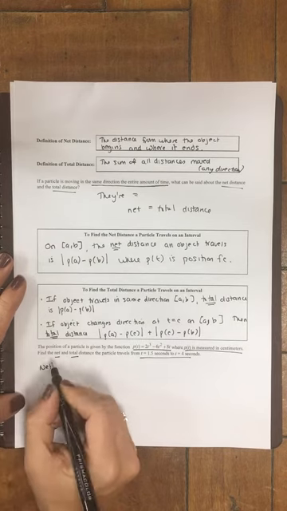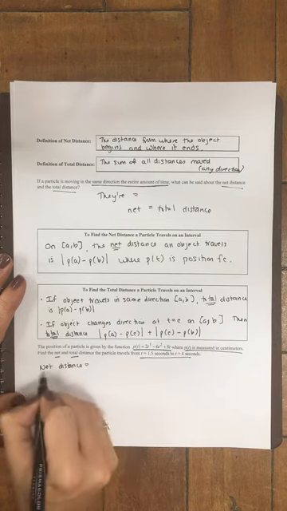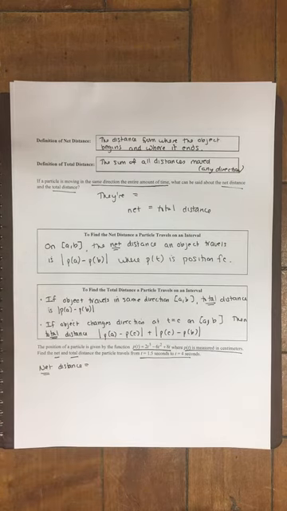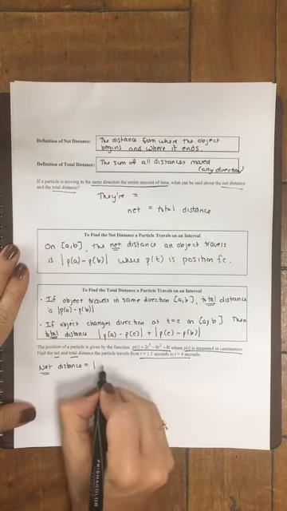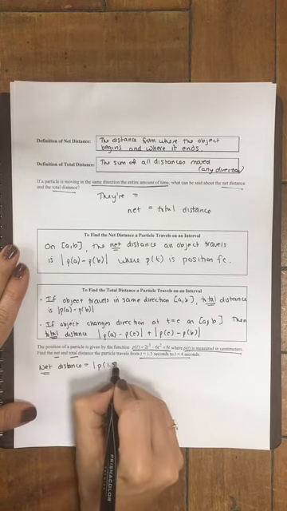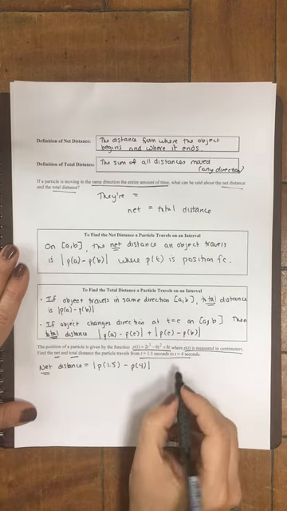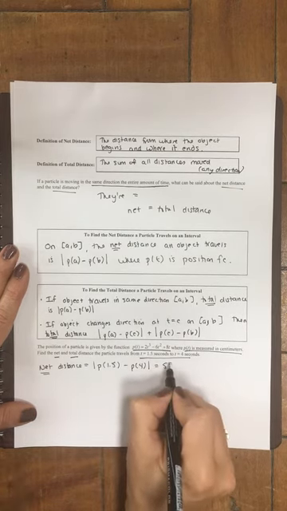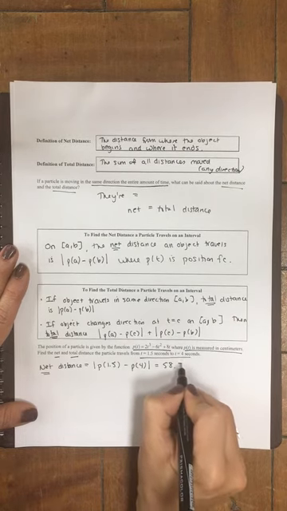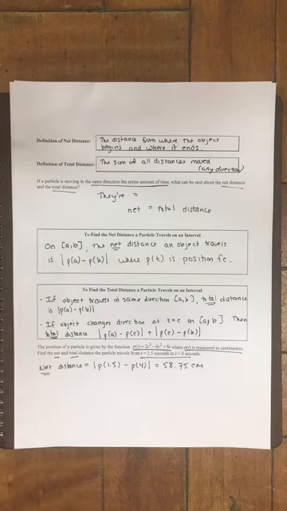So net distance, that's just talking about how far it is from the starting point, is equal to the absolute value of position of 1.5 minus position of 4. This can be all calculator stuff. The net distance is 58.75 centimeters. That's how far the particle is from its starting point, from 1.5 to 4 seconds.